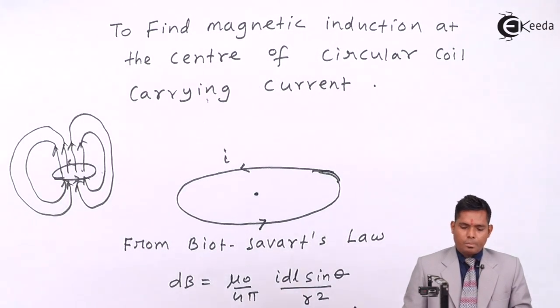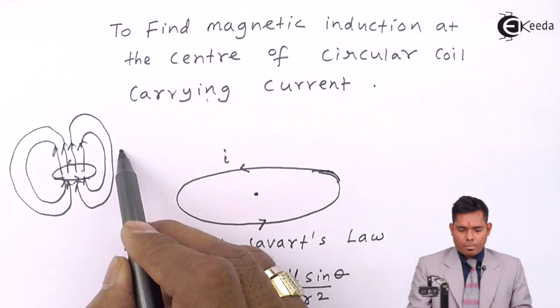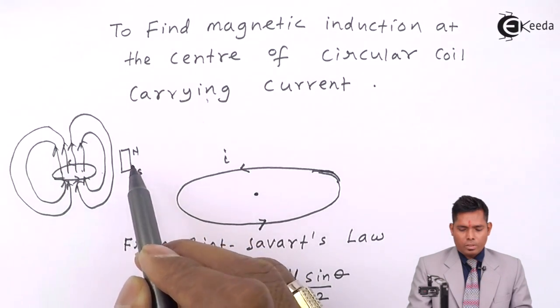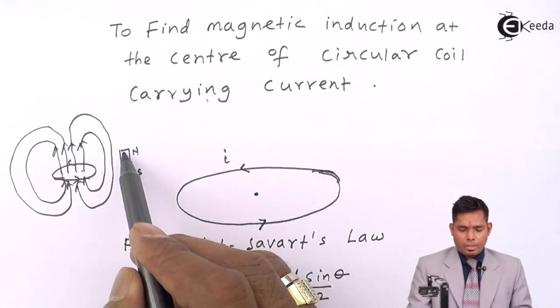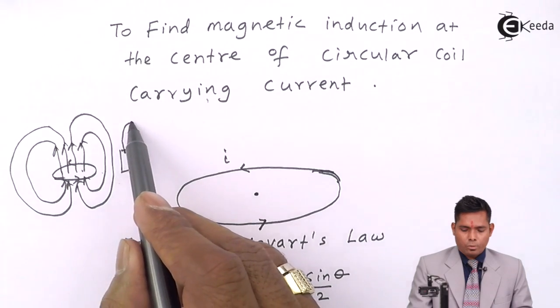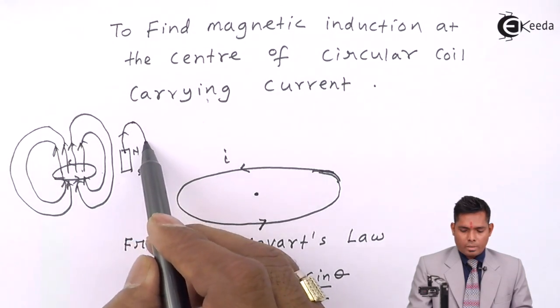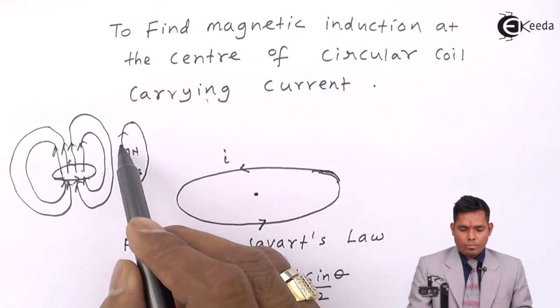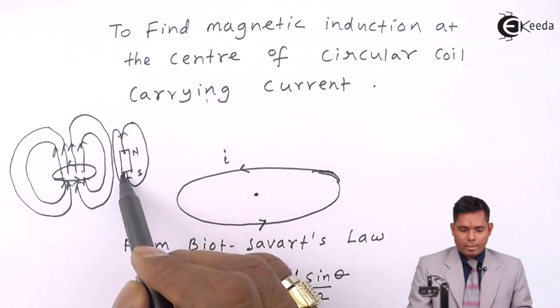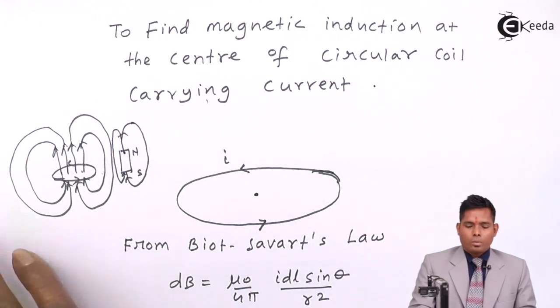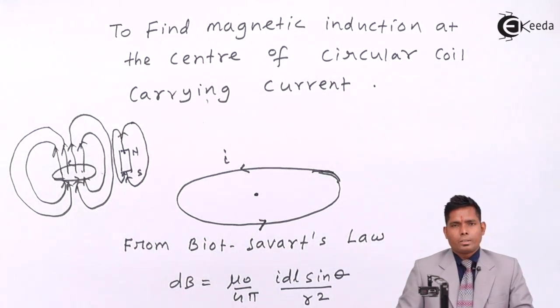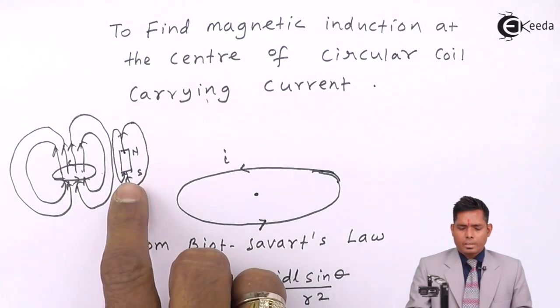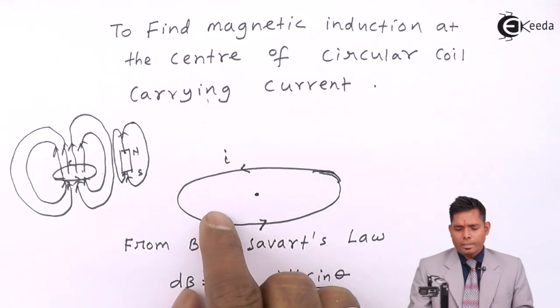It behaves like a bar magnet, as if a bar magnet with a North Pole and South Pole is kept here. We know that from the North Pole the lines of force come out and then enter through the South Pole. Similarly, this side it is like this. So the magnetic field lines are exactly similar to those of a bar magnet or a coil carrying current.